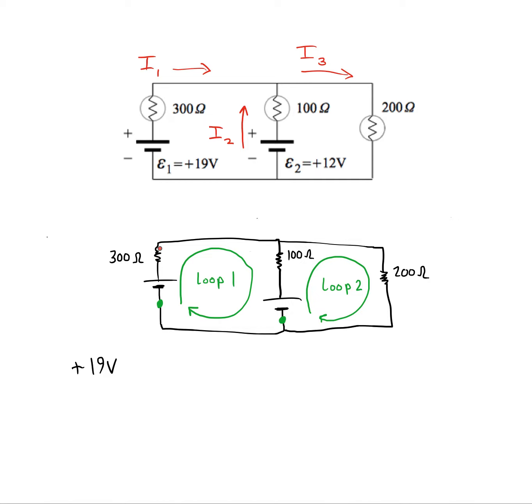And so we want to show how much potential is either lost or gained in going through that resistor symbolically. But one thing to consider is, is our current in that resistor going in the same direction that we are going? Or is it going in the opposite direction of us? That's important. We said above that we thought current would be going clockwise in this section.